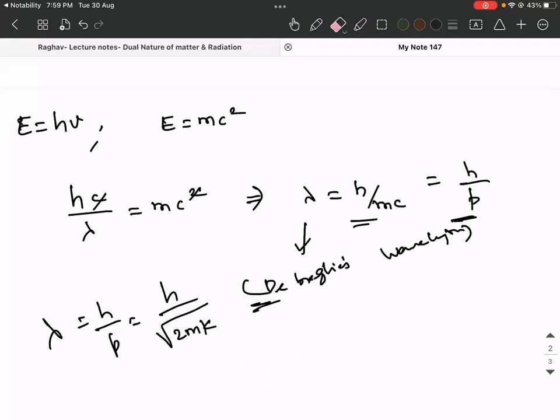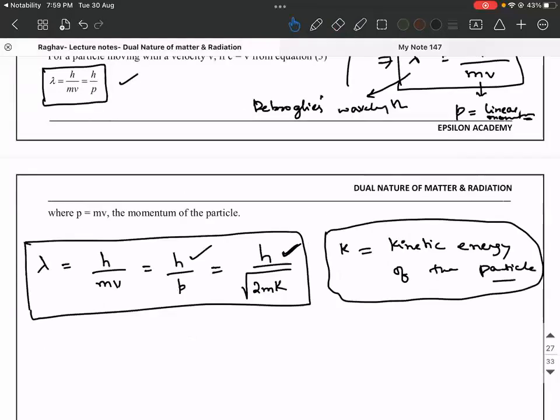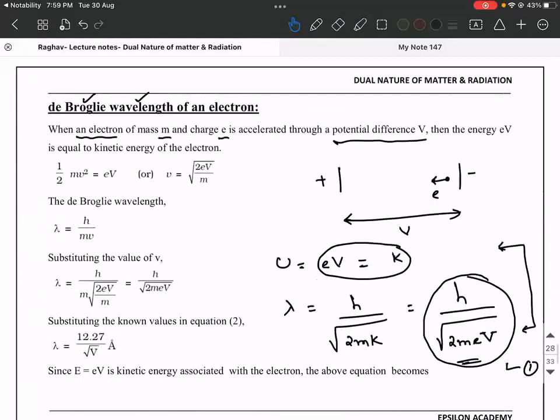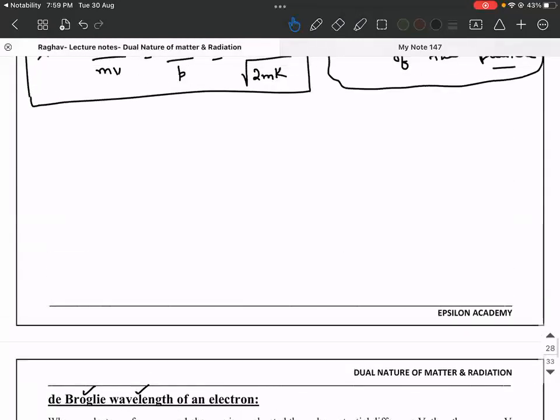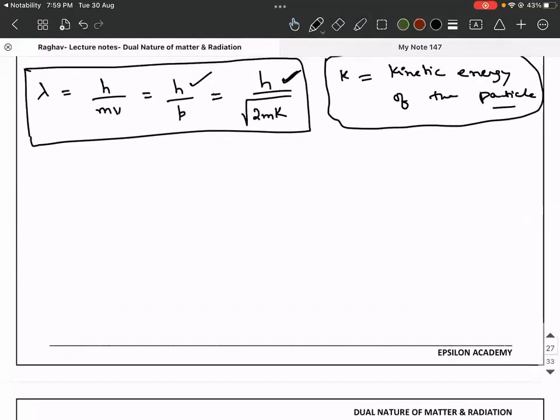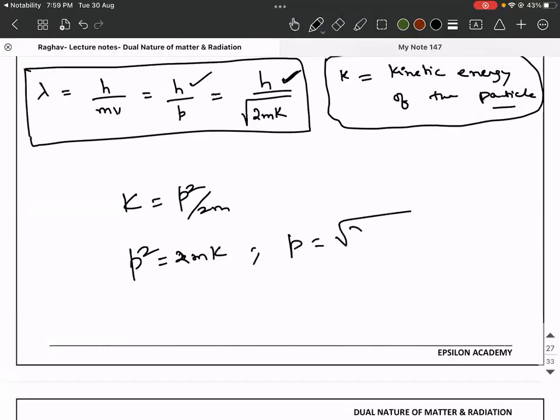Is that clear? Because kinetic energy is p square by 2m. K is equal to p square by 2m. So p square is equal to 2m into K. P will be root of 2m into K.